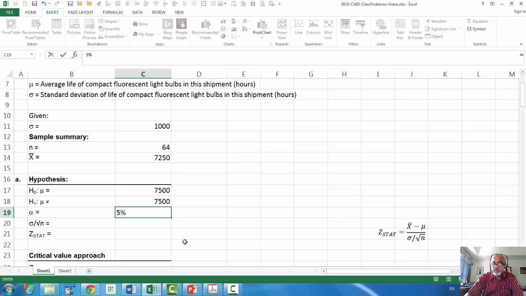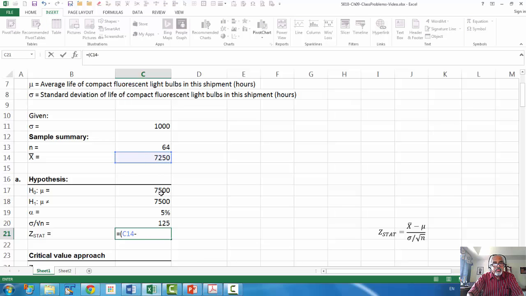Alpha is given as 5%. Now sigma over square root of n is sigma, which is given, divided by square root of n. And then the z stat formula is right here.